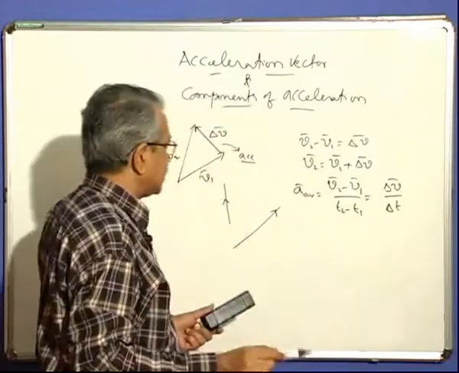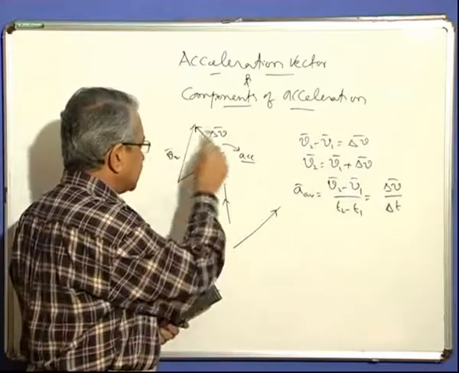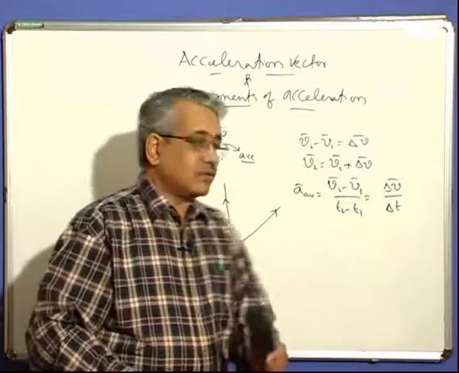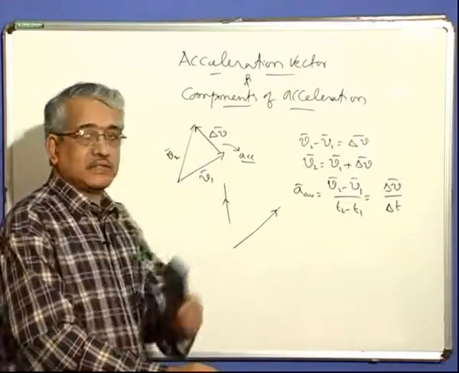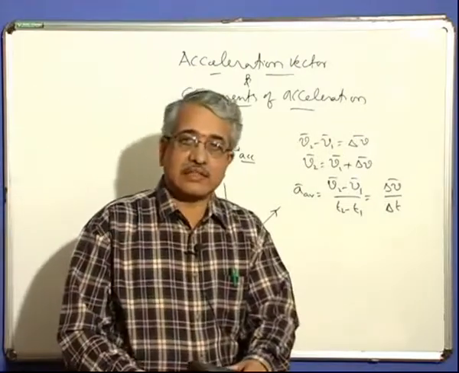So whatever direction the change in velocity is, we can always obtain it with the help of the triangle law of addition of vectors, like what we have shown on the figure. So initial velocity plus change in velocity gives you the final velocity. This is the principle of understanding the direction of acceleration.